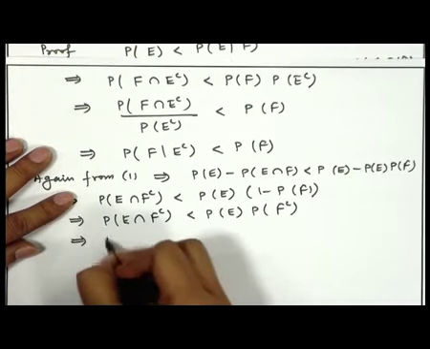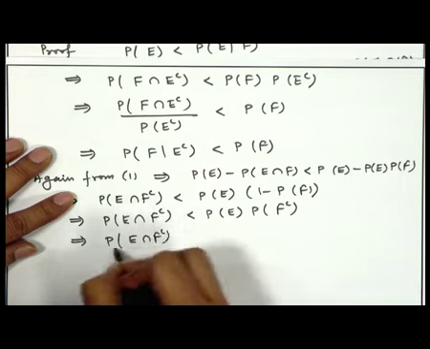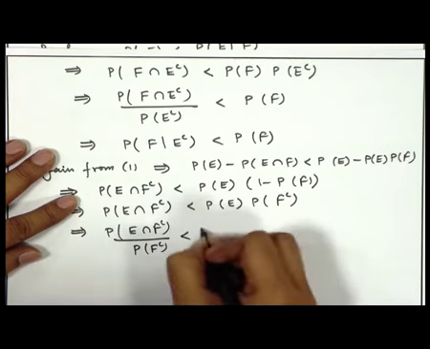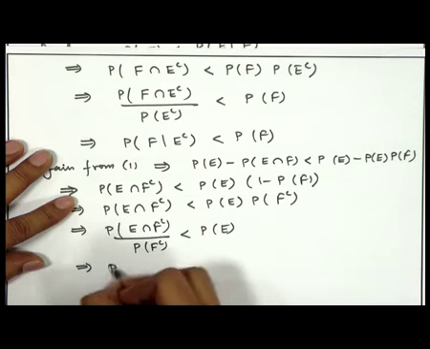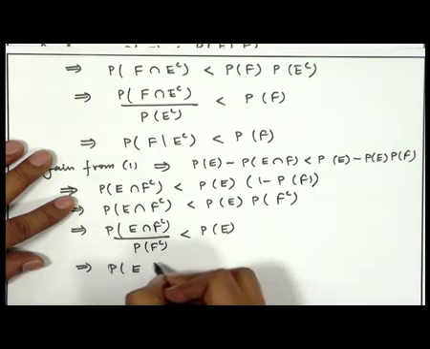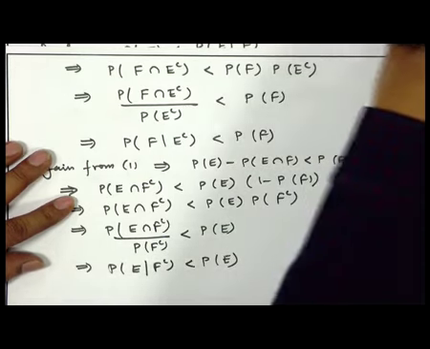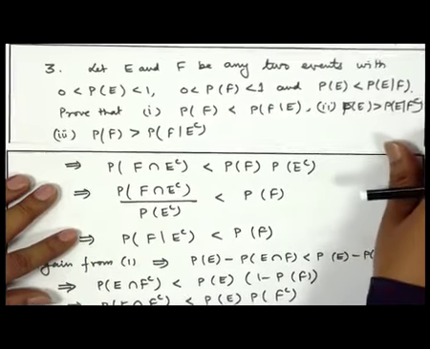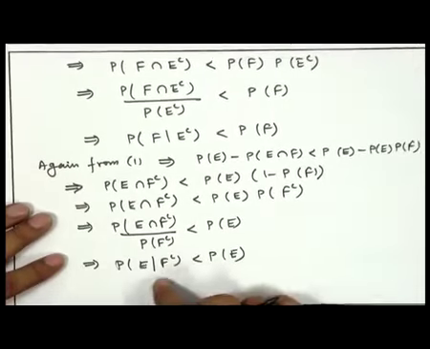That means probability of E intersection F complement divided by probability of F complement is less than probability of E, which is equivalent to saying probability of E given F complement is less than probability of E, which was the statement to be proved in 2, that is probability of E greater than probability of E given F complement. So, we have established that statement here.